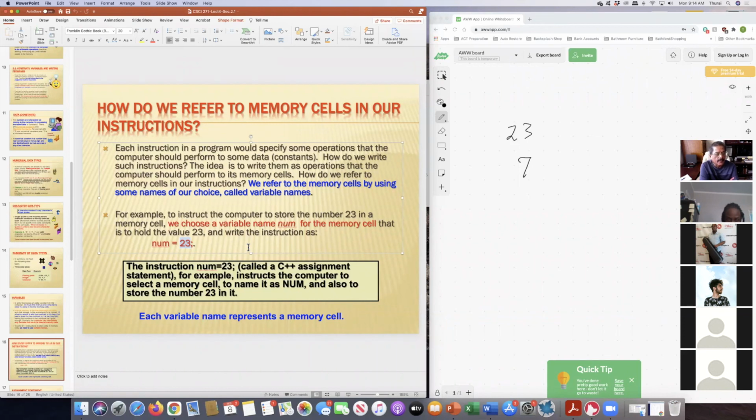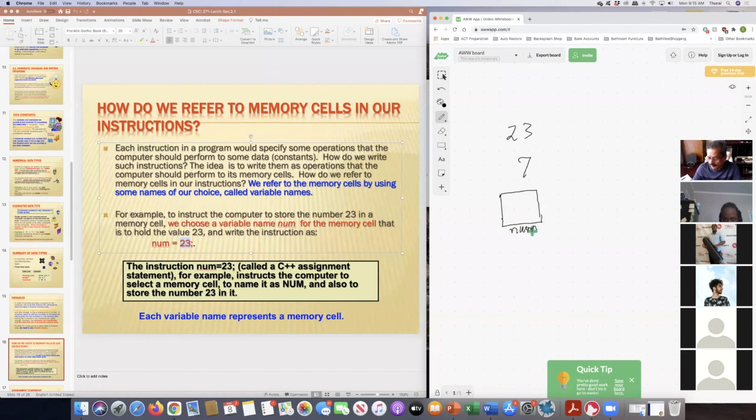So this statement, num equal to 23, is a statement in the computer program. It's a C++ statement that tells the following to the system. It tells the system to find the next memory cell for storing this number. You can imagine that being a box, a memory cell, and name that memory cell as num. It's like a mailbox with a name on it.